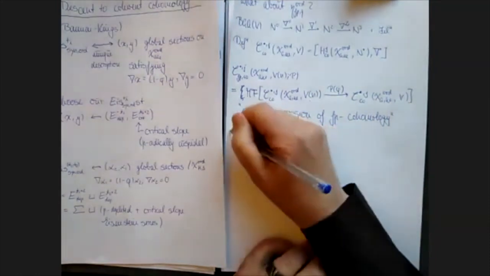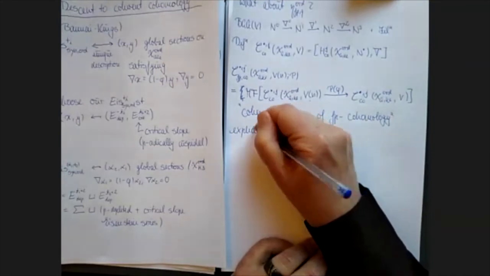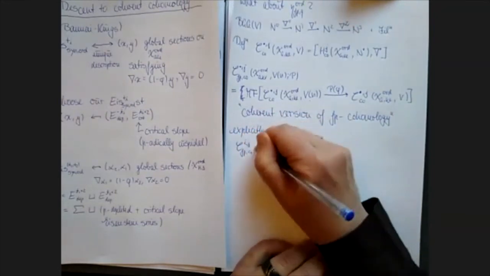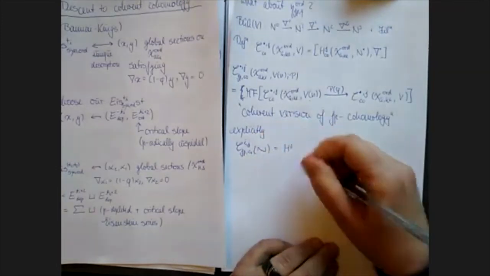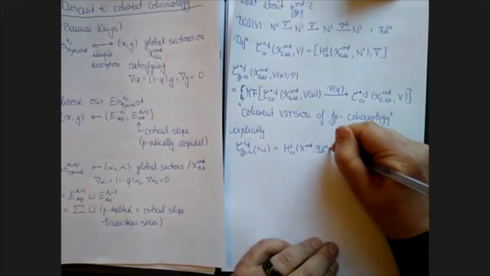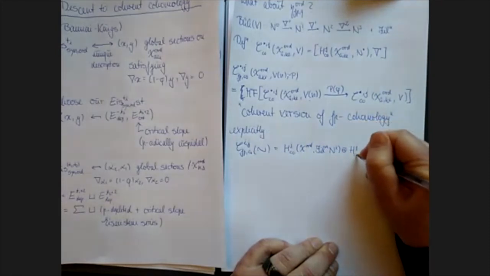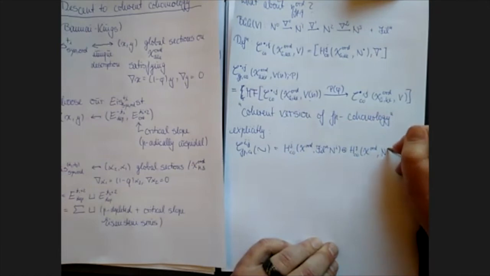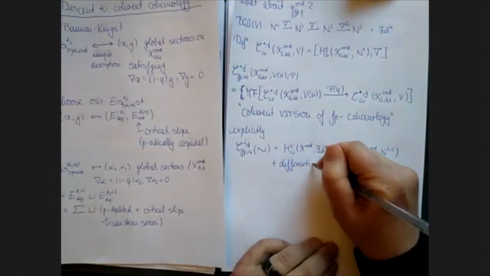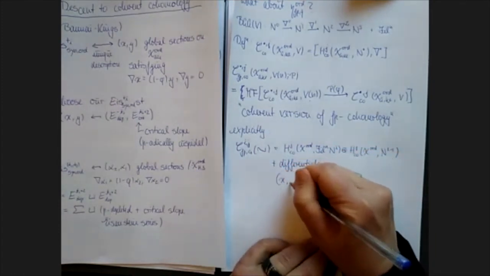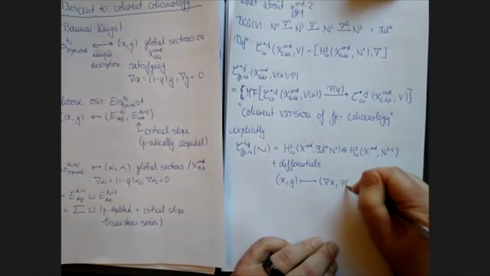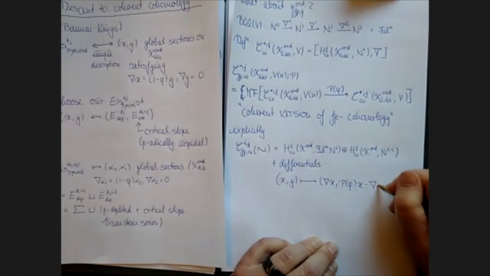Okay, so one can say what that is explicitly. If we look at the C i j FP C0, then this is just the direct sum of the Fil n of N i, direct sum the H j C0 of X odd N i minus 1, and the differentials are given by a pair x y being sent to nabla of x and P of phi x minus nabla of y.